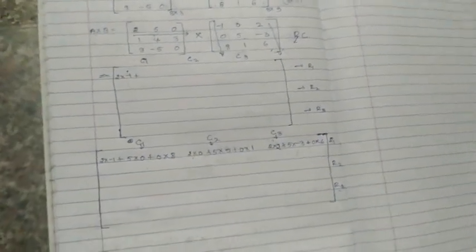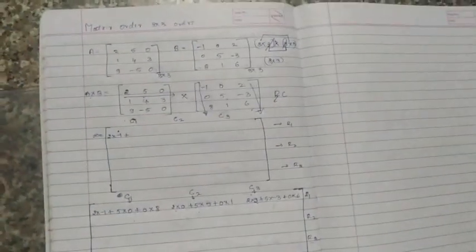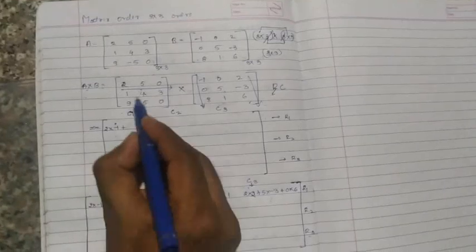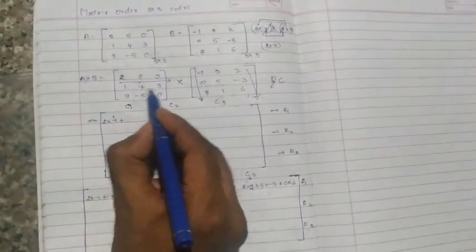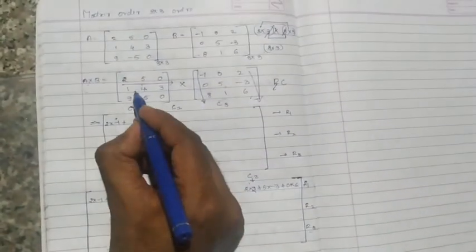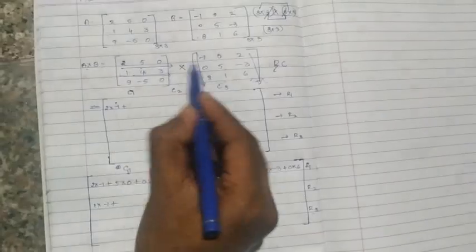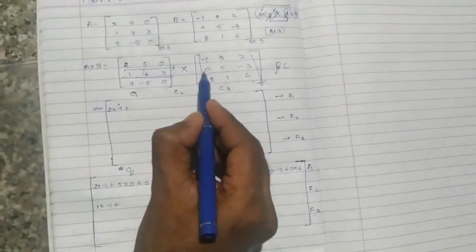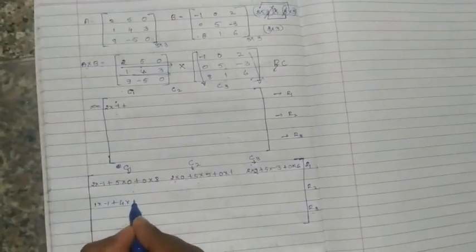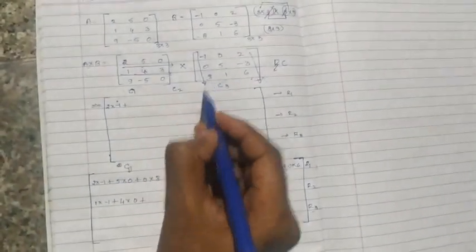The next thing we have to do here is the second row, since the first row is done. Second row, first column, that is 1 into minus 1, plus 4 into 0, plus 3 into 8.